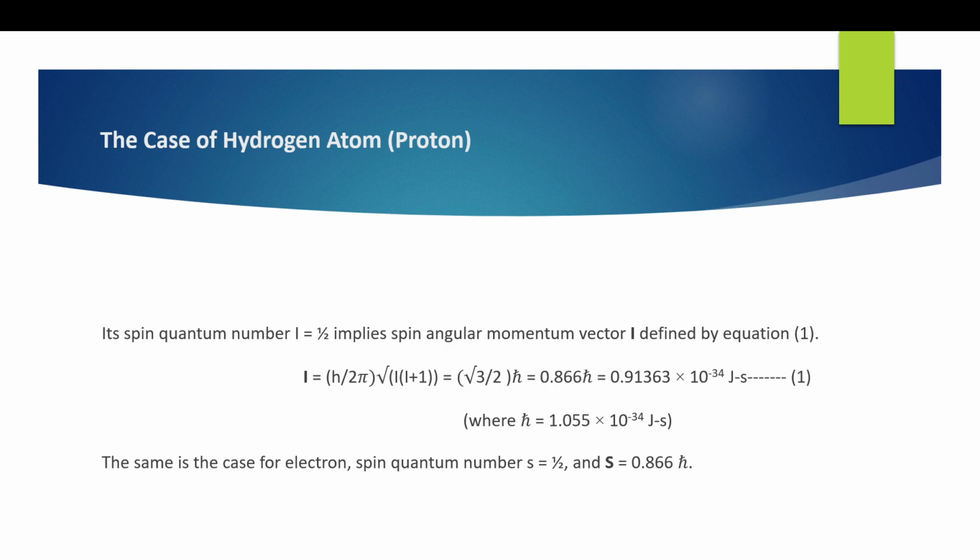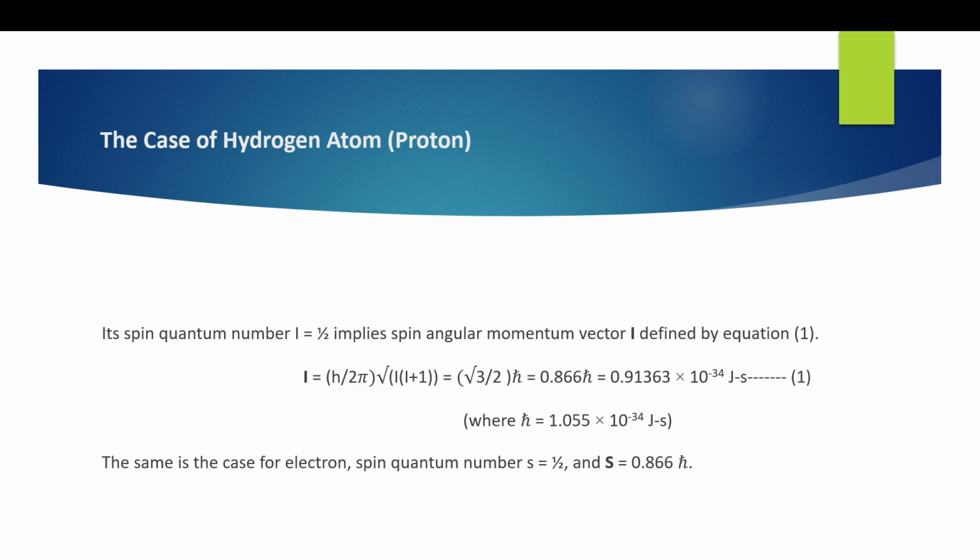Now we will proceed taking the simplest example of the hydrogen atom. The theoretical basis which we will discuss now on the hydrogen atom is applicable to all other nuclei. So let us begin with the hydrogen atom, that is, the proton. Its spin quantum number is half. It means the spin vector is h upon 2 pi multiplied by the square root of I times I plus 1.